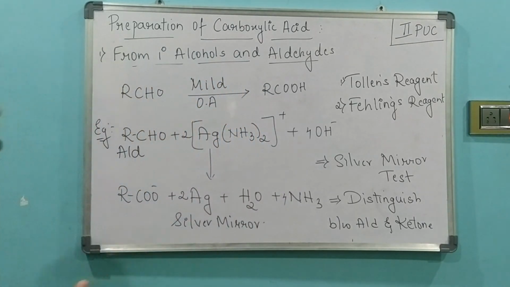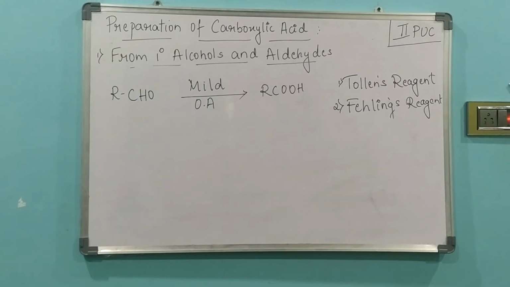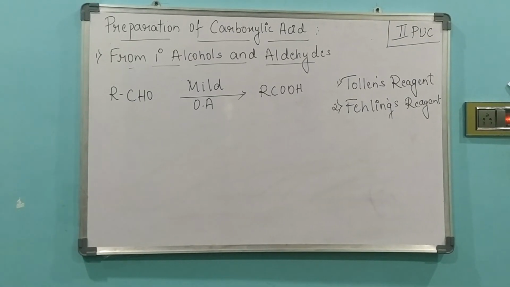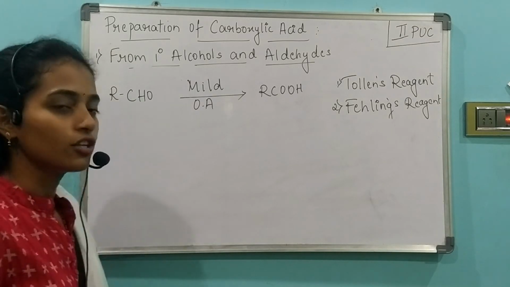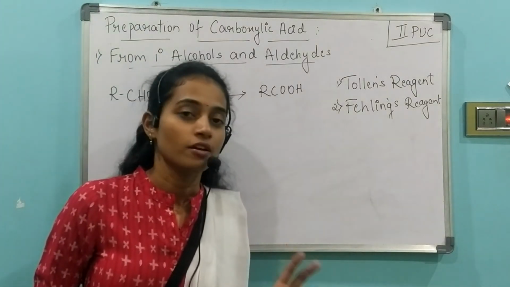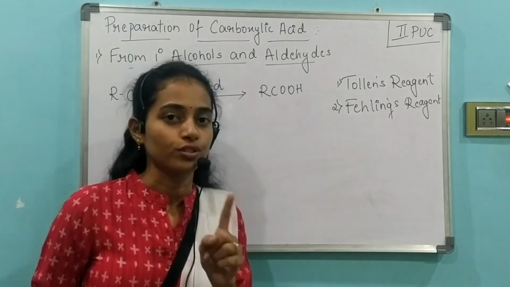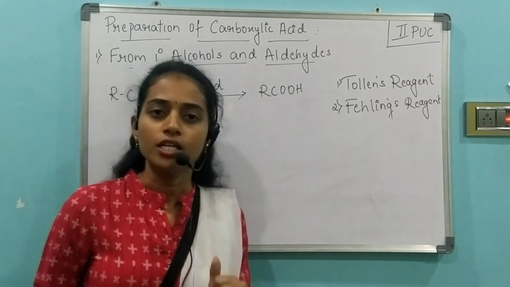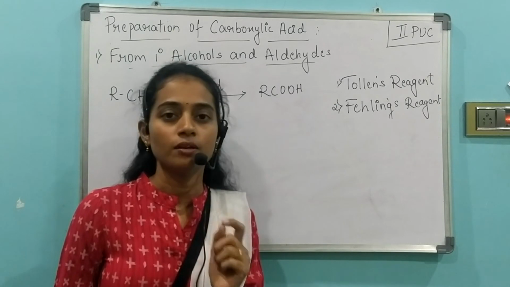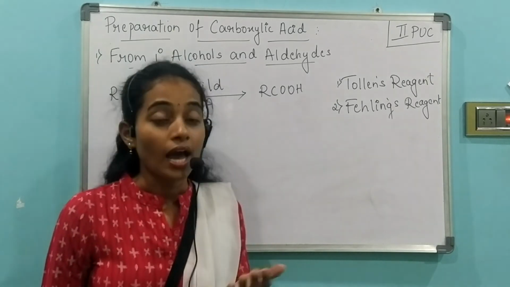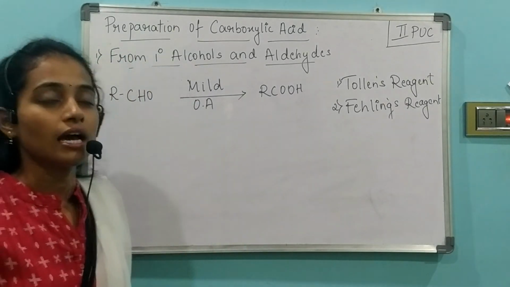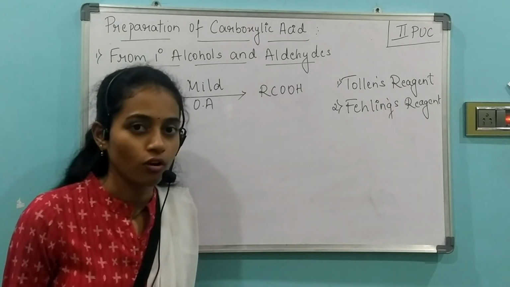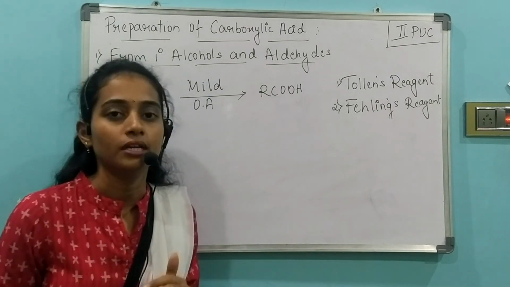Next one we will be seeing the Fehling's reagent. The next mild oxidizing agent we will be using is Fehling's reagent. In the Fehling's reagent we will be having two solutions, Fehling's solution A and solution B. Solution A contains copper sulfate, and solution B we call Rochelle salt, or potassium sodium tartrate.